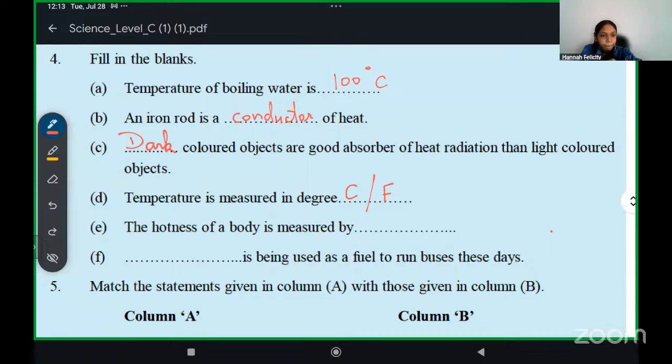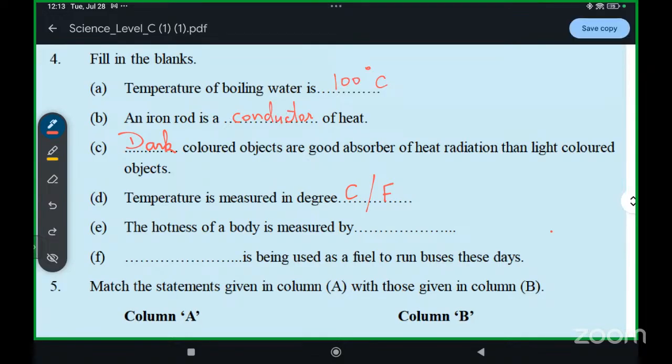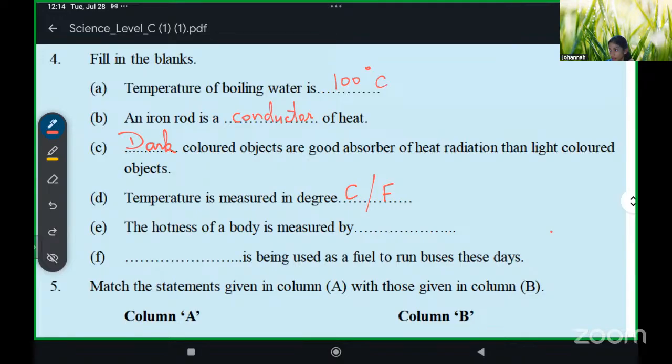Ma'am, can we answer randomly or would you call out the names? I will call out the name. The hotness of a body is measured by dash. Johanna. Is it the E question, ma'am? Yes, E question.